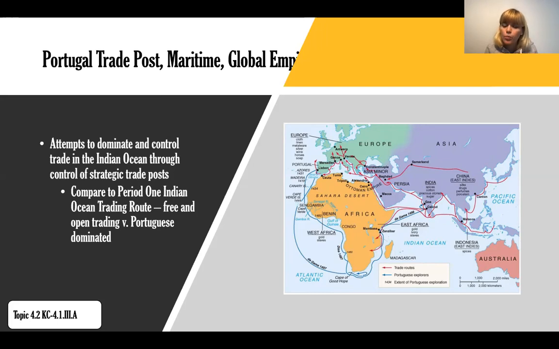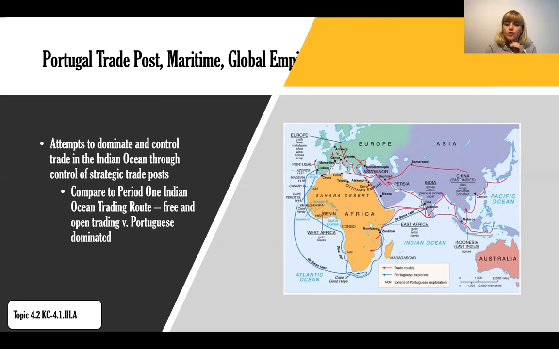Okay, so in period 1, what you might remember is that the Indian Ocean trading route is going to be free. It's going to be untaxed. Okay, people are going to be able to trade freely. There'll be no problems. But in period 2, the Portuguese are going to dominate this trading route. Okay, free and open trading is going to be gone.